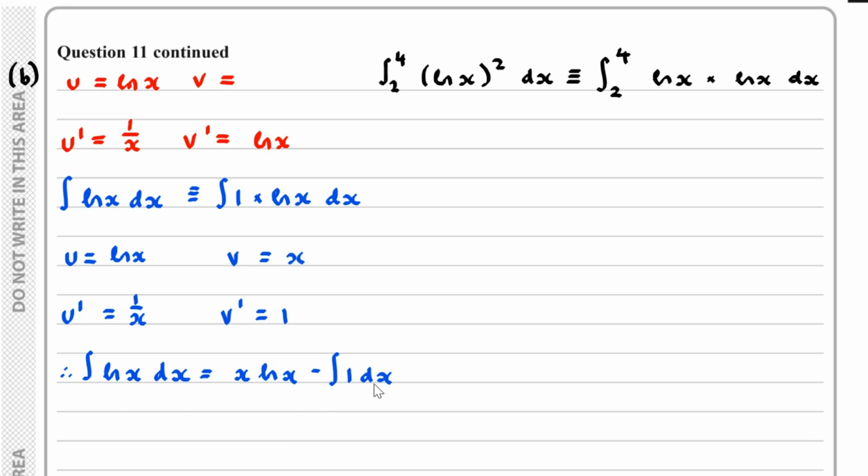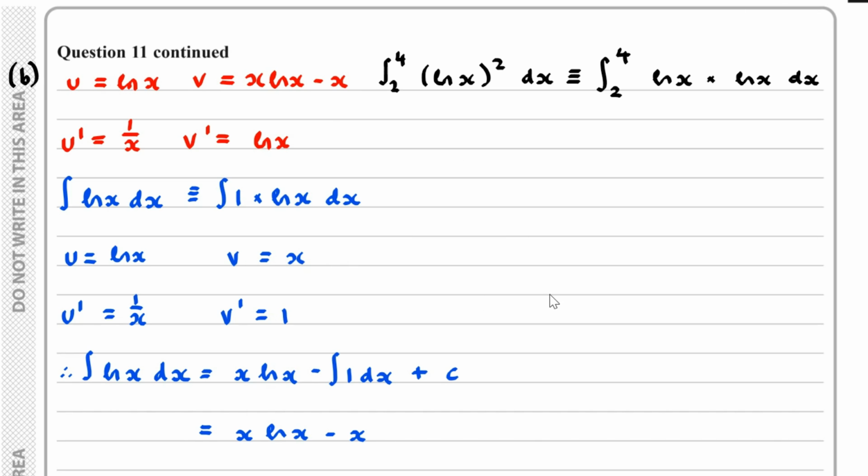So we've got the integral of 1 with respect to x. So we end up with x times the natural log of x minus x. That means v over here is equal to x times natural log of x minus x.